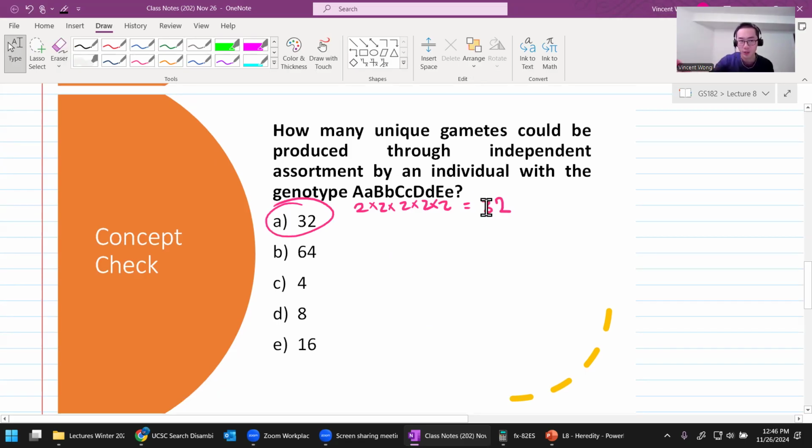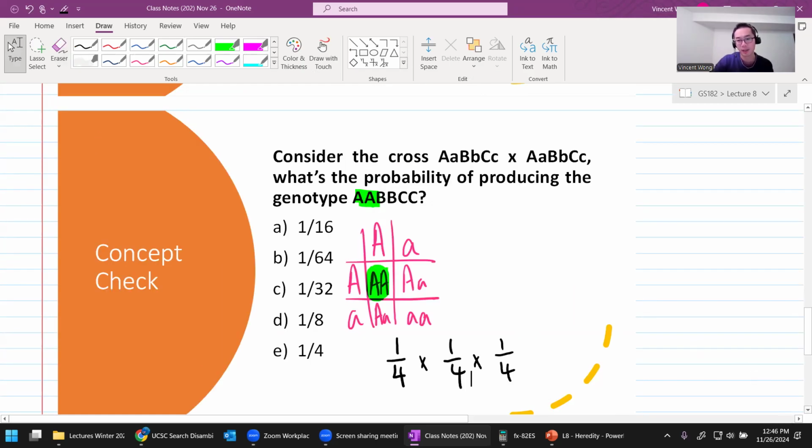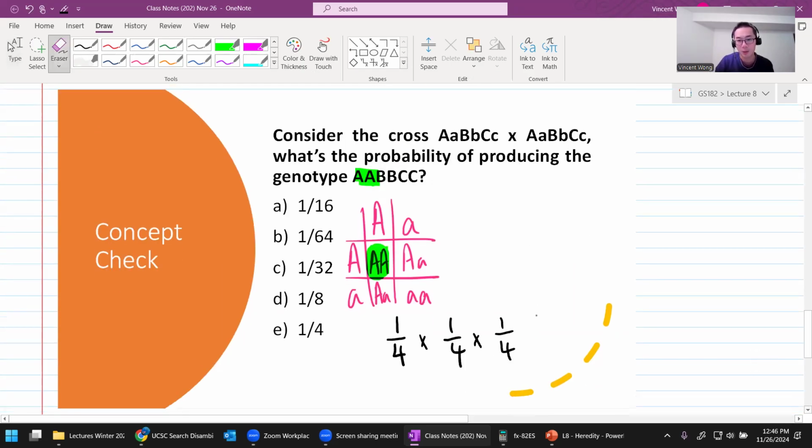For what we are doing, if you're confused whether to add or multiply, most of the time it's multiply. If you absolutely have to guess which one it is, it is just multiply. So quarter times quarter is 1/16 times another quarter, that's 1/64.